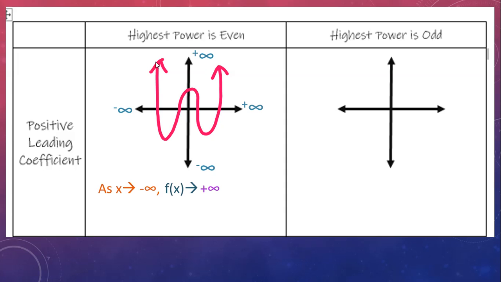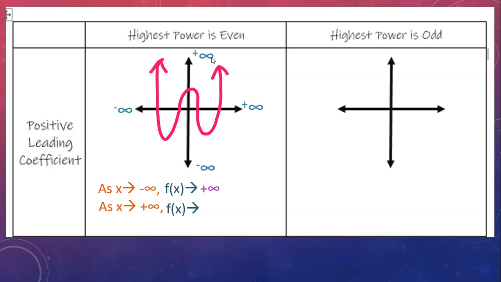That's it. Then we have to talk about the right-hand side of your graph. So as x goes to positive infinity, so if we follow the graph to the right, as the graph is going right, which way does your arrow point? Towards positive infinity.